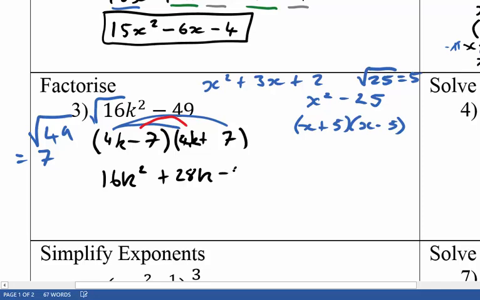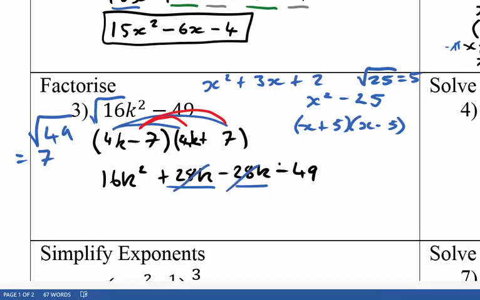It's going to be negative 28k. And then negative 7 times positive 7 is negative 49. Okay, and then I can look, these ones here are the same. However, negative 28 plus 28 is simply 0. So my final answer is 16k squared minus 49, and that's what I wanted.